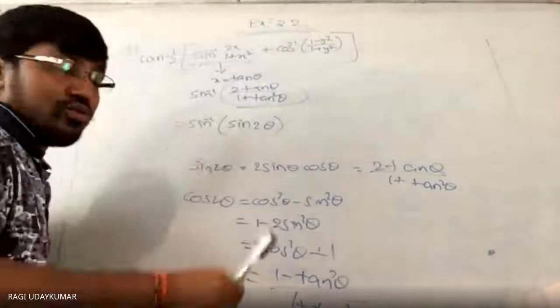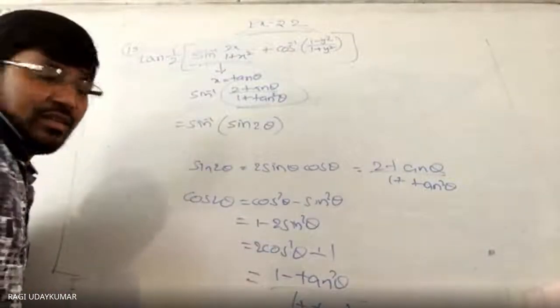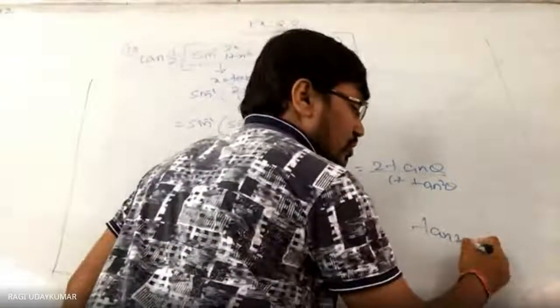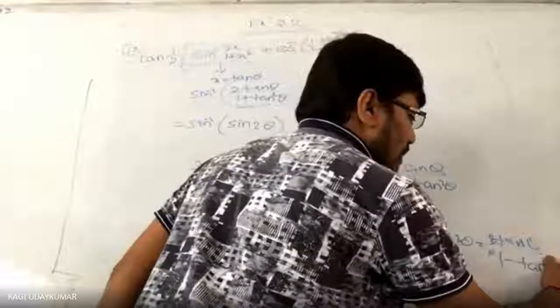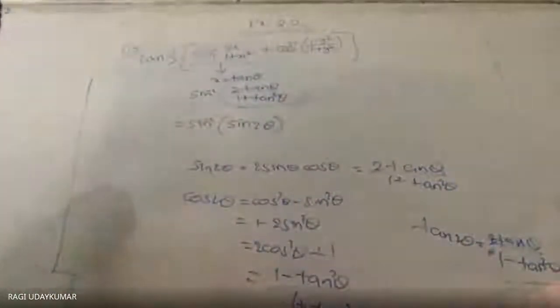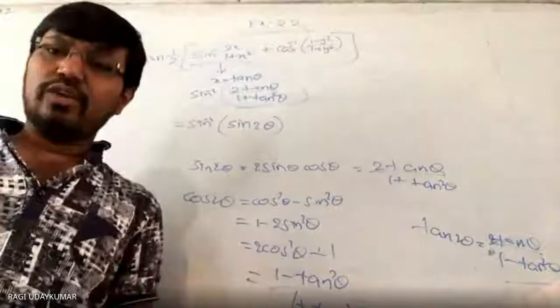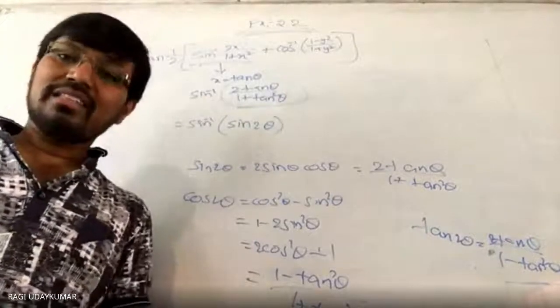Tan 2 theta is equal to 2 tan theta by 1 minus tan square theta. All these you should keep in your mind so that immediately you can catch it. All these are 11th class standard.